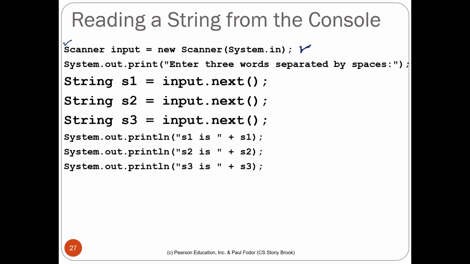In the Scanner class we have different methods like nextInt, nextFloat, nextDouble. Similarly, we have the method next. What will next do? Next will accept one string from a user, and it should be space separated.